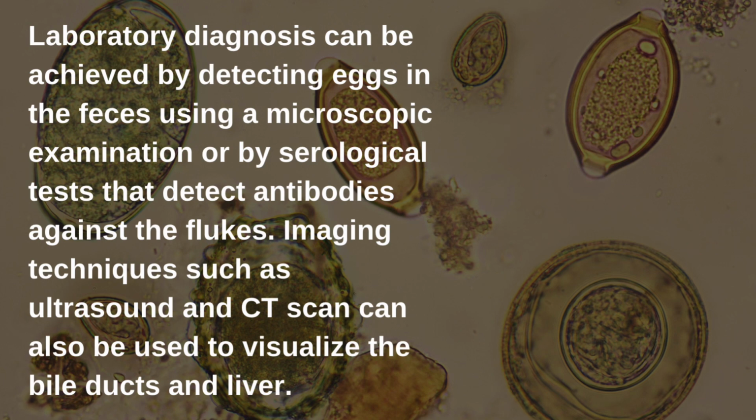Imaging techniques such as ultrasound and CT scan can also be used to visualize the bile ducts and the liver. The picture behind this is showing what the liver flukes look like in comparison to other microscopic organisms. The liver flukes are oval-shaped.